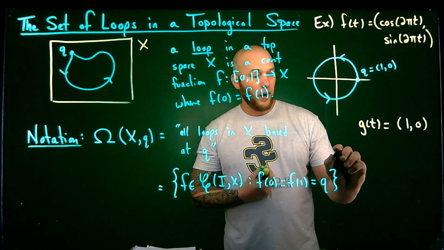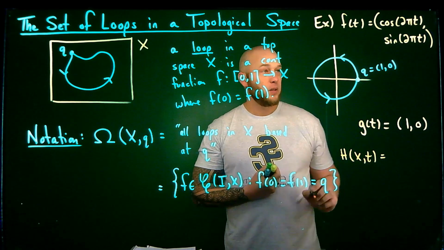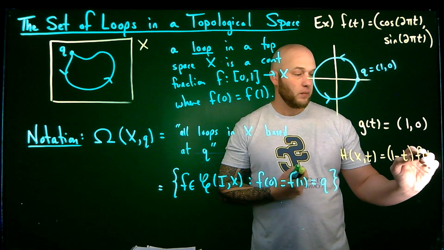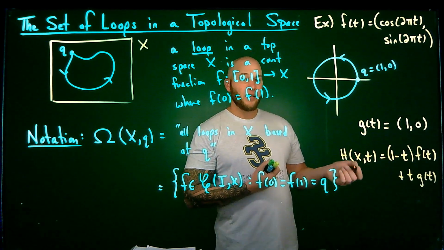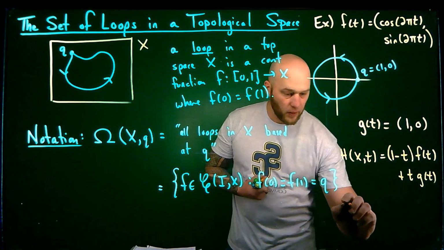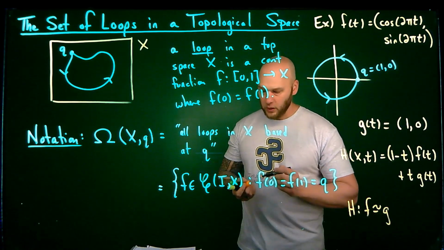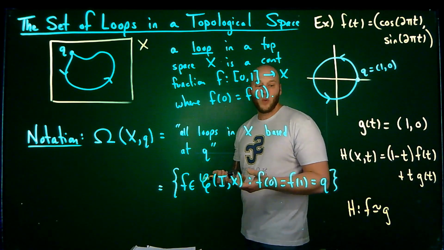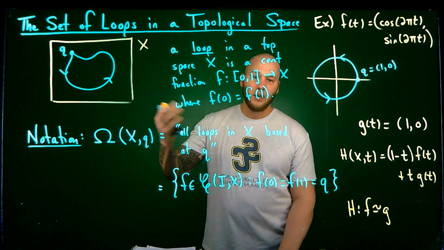Moreover, I can define h(x, t) = (1 − t) f(t) + t g(t). This provides a straight line homotopy from the function f to the function g. Therefore, h is a homotopy from f to g, and what this shows me is that f is in fact homotopic to a constant function, which is the basis for the next definition.